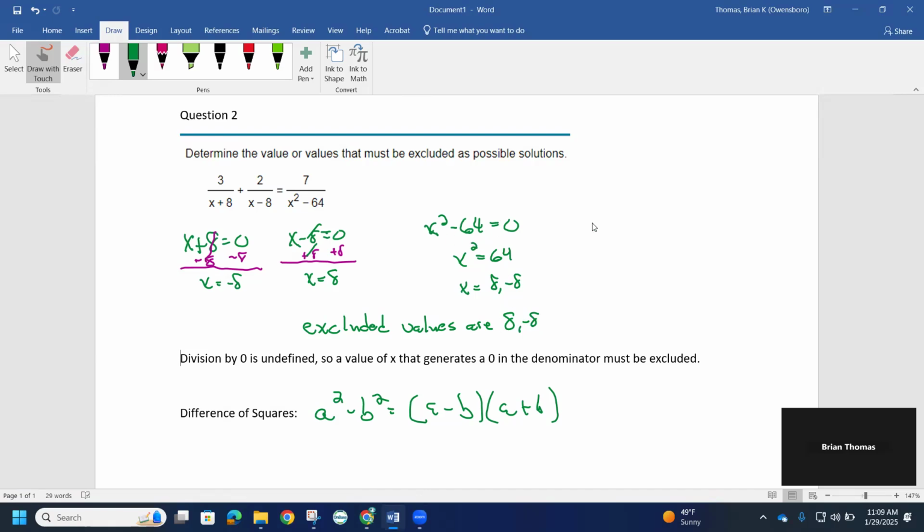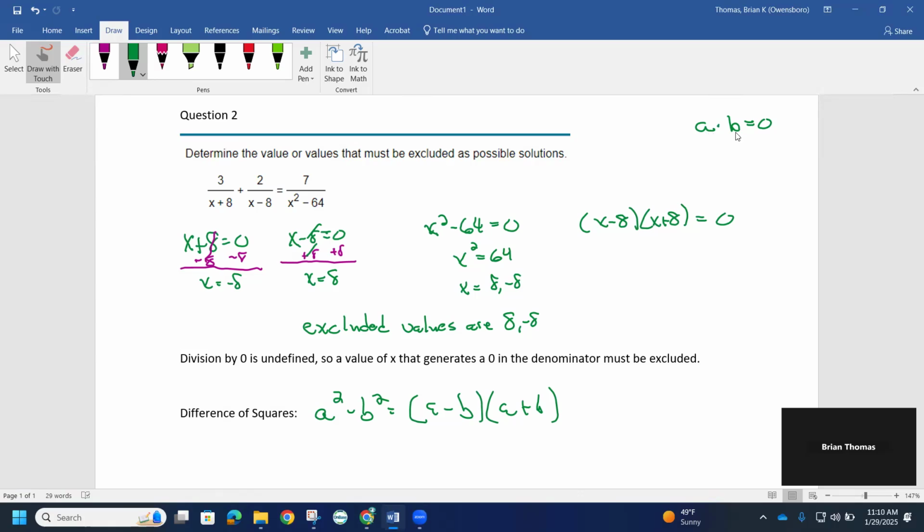Now, another way to solve this problem is x squared minus 64 is actually a factorable polynomial. Notice how it's a difference of squares. A difference of squares can be factored into a minus b times a plus b. So what you could do is change this to x minus 8 times x plus 8, and ask yourself what makes it 0. Now remember, in multiplication, if you have two factors multiplied together, a lot of times we'll use a and b to represent that.